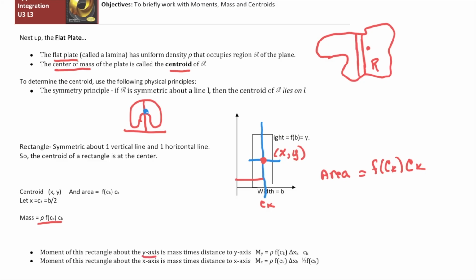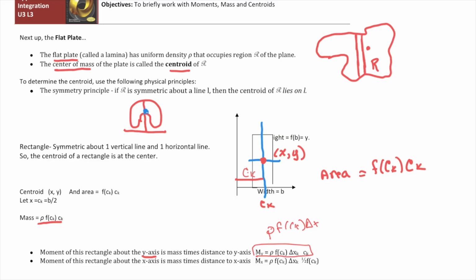Now, as we consider what's happening about the y-axis, your moment is going to be your mass, which is rho f of c sub k times your delta x, multiplied by the distance to the y-axis, which we know is c sub k. So the moments with respect to y will be equal to the sum of all of those rectangles.